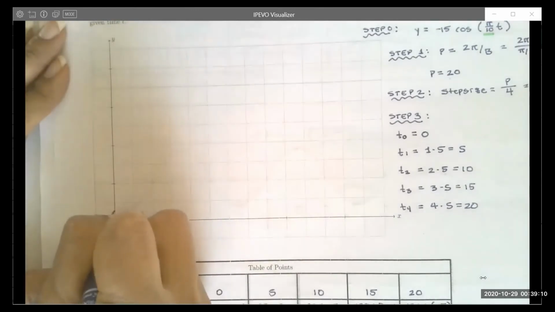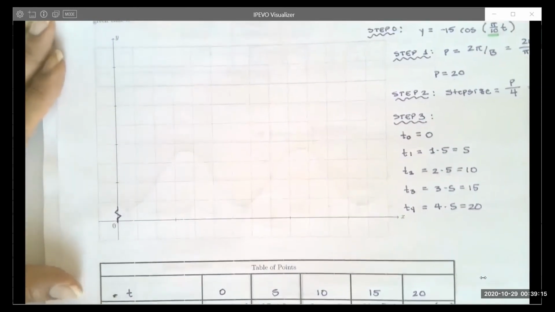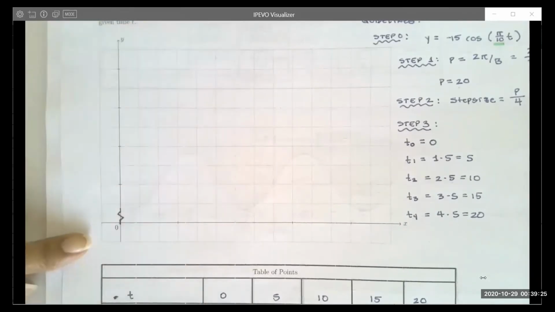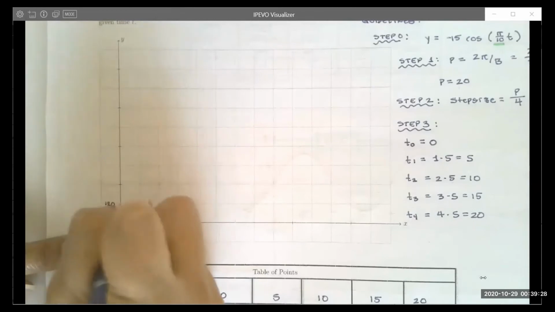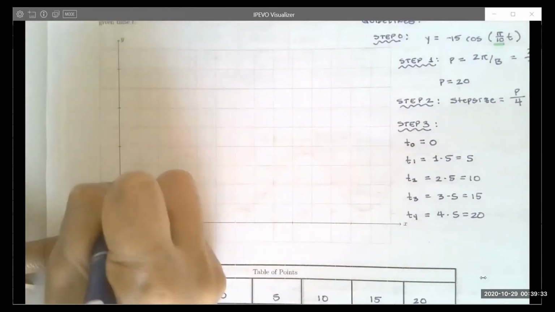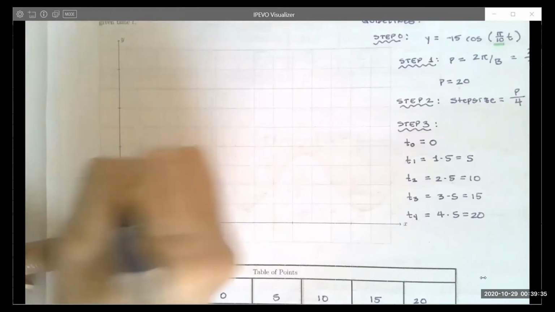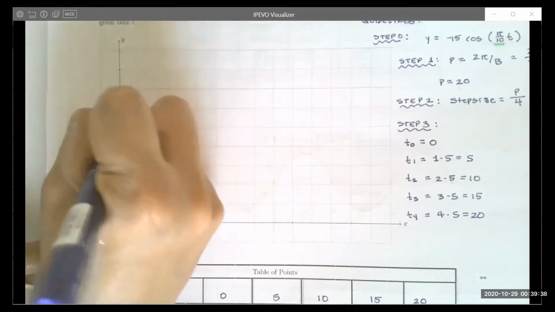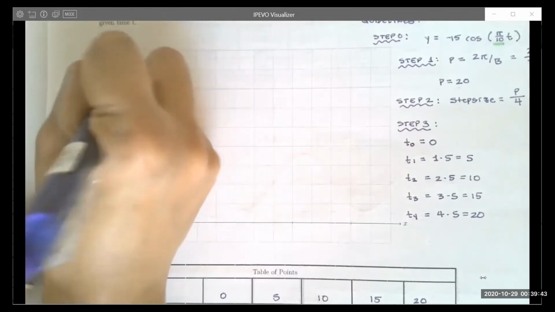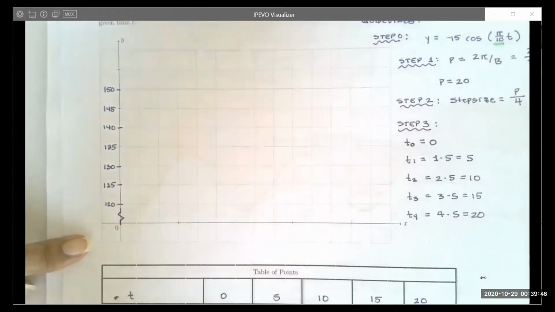So we're going to be drawing this symbol that kind of looks a little bit like a thunderbolt, but this is describing a break in the continuation of the y-axis. So I'm going to jump from 0 to maybe 120 for this tick mark, and then I'll continue in increments of 5. So this will be 125, 130, 135, 140, 145, 150, and 155.